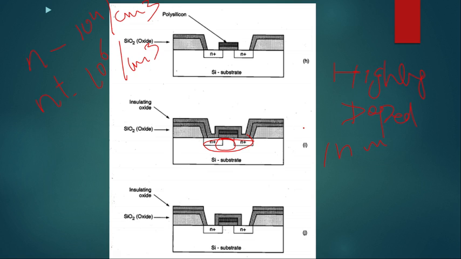So this insulating gate oxide is deposited all over the surface, and later on it is removed from the area. It remains only on the source, drain and gate. So now it can be seen the source, gate and drain areas are insulated from each other. This is the source area, this is the gate, and this is the drain region.